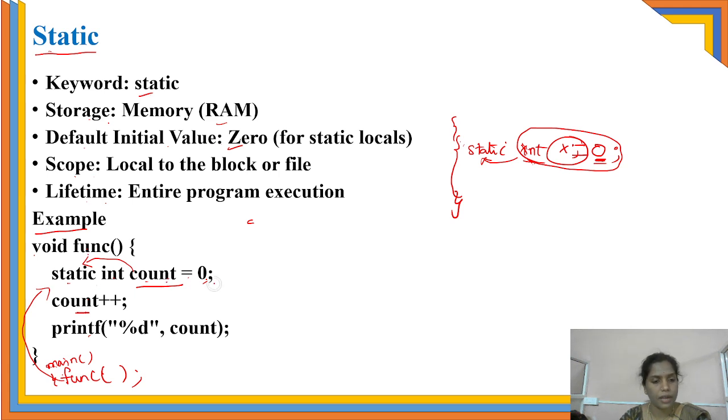Count will be initialized as 0, count plus plus makes it 1, and 1 will be printed. Next time, if I call the function again, it will go to the function definition, but this time it will not be initialized again, because the initialization is done only once in its lifetime. Already the count value was 1, right? Again count plus plus gives 2, next 3, and like this it will be printed. Okay, very important: the static keyword.